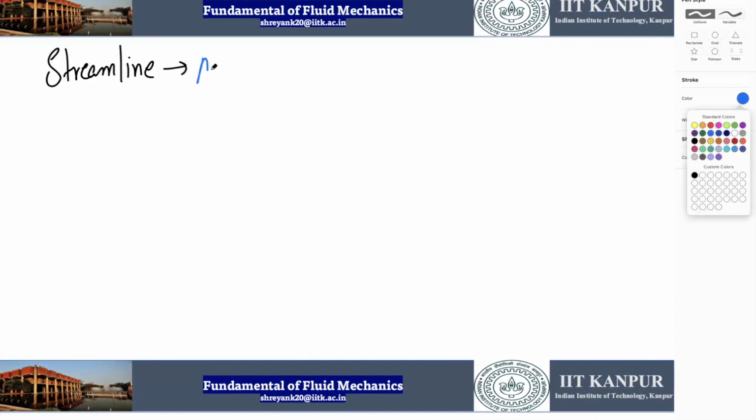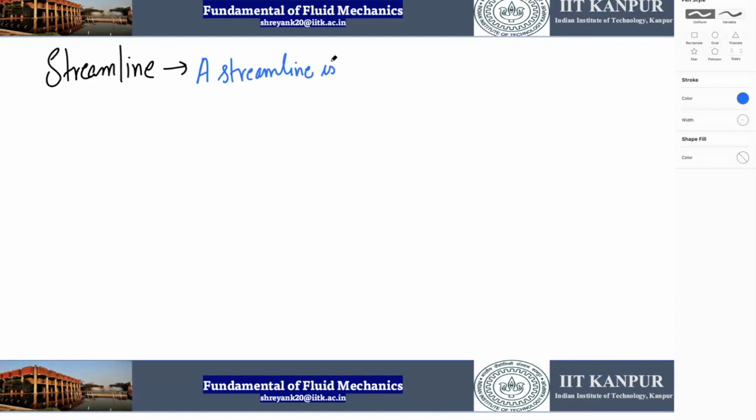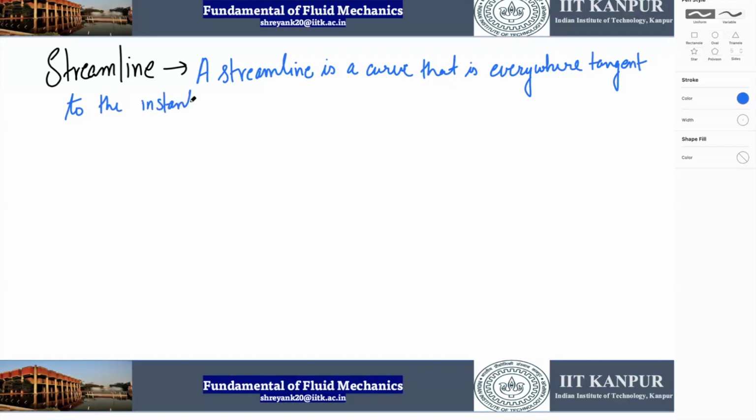A streamline is a curve that is everywhere tangent to the instantaneous local velocity.